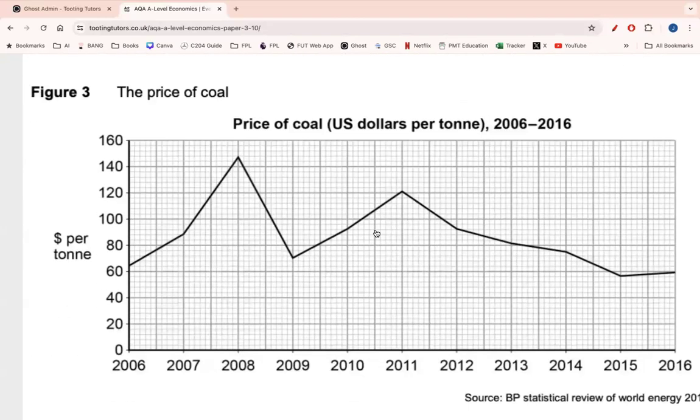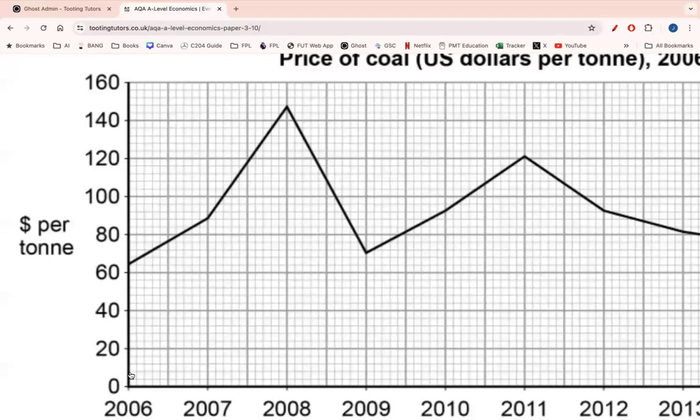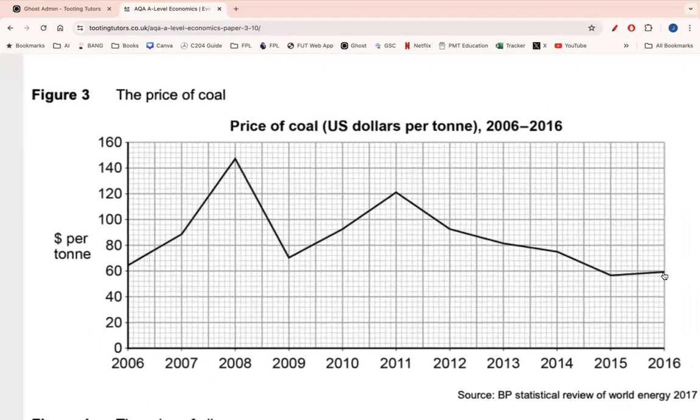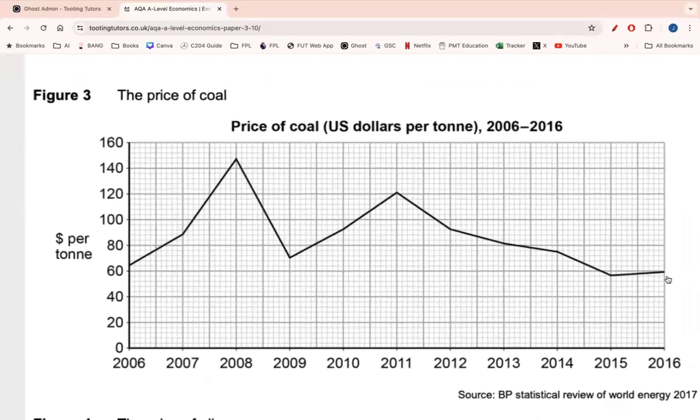Next one, the price of coal overall. So don't overcomplicate it about it going up and down yet. Just say overall, the price of coal has gone down slightly, worth using the word slightly, from $64 per ton to $60 per ton from 2006 to 2016.